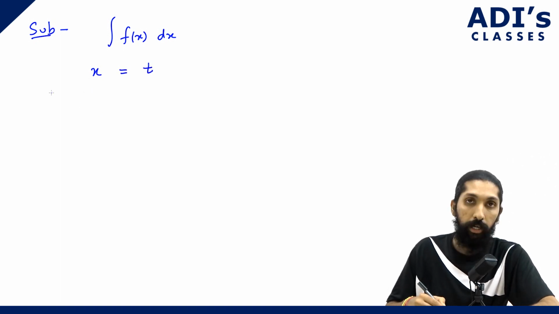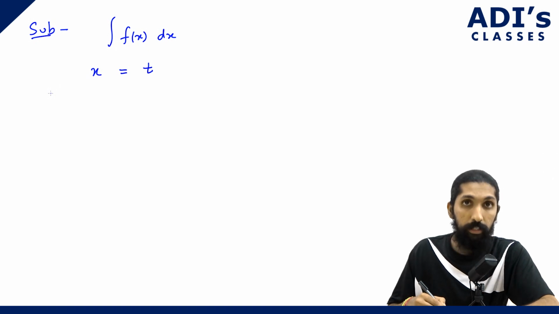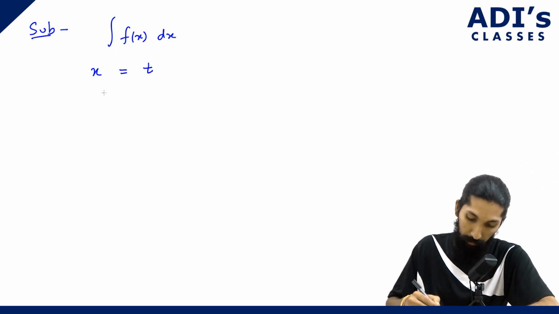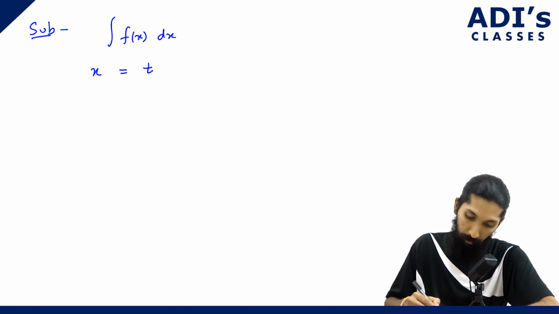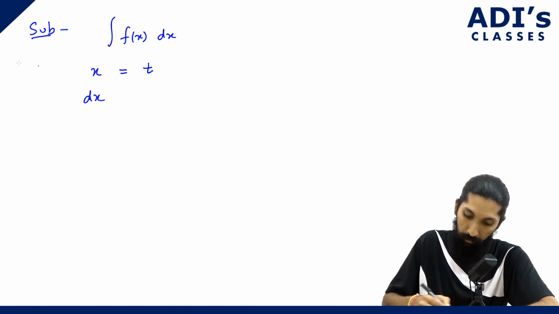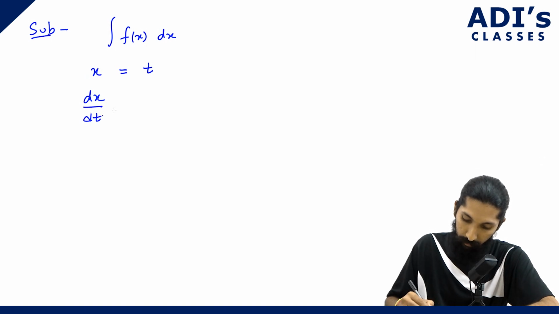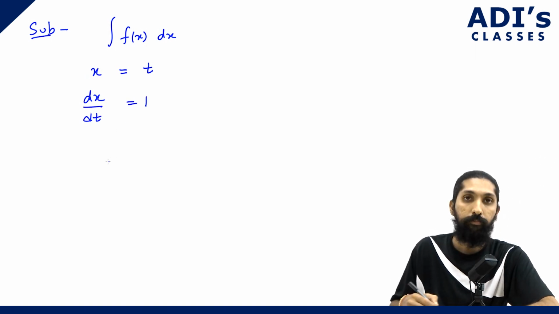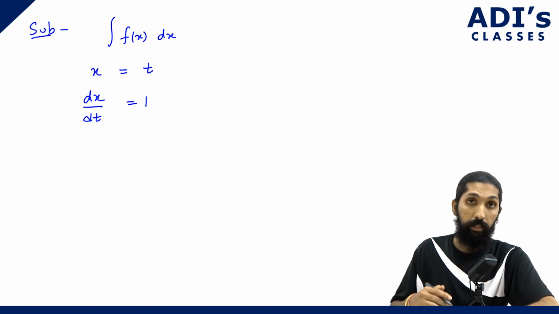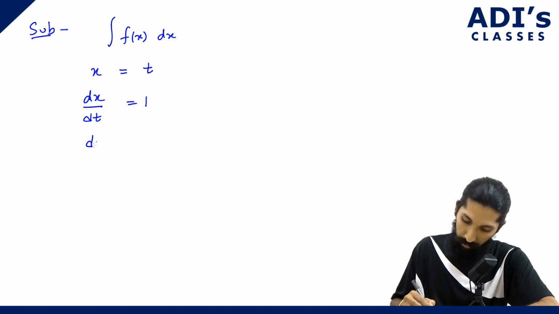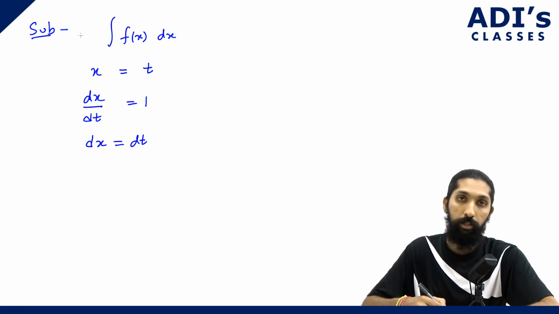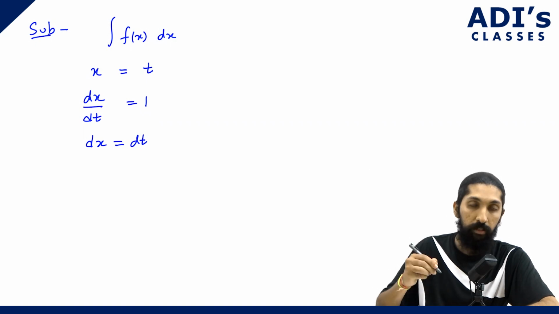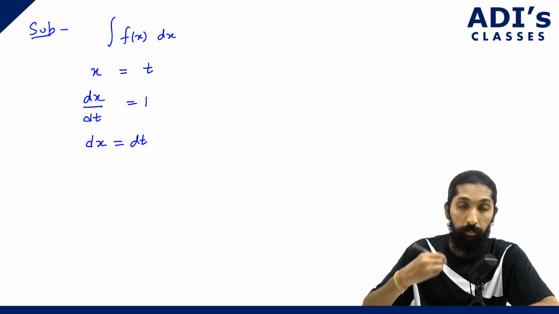Now we differentiate to get dx and dt. Differentiating with respect to t, you get dx divided by dt is 1. Now we take the dt that side, so you get dx is equal to dt. We substitute that and get the value. This is how we do the substitution method.